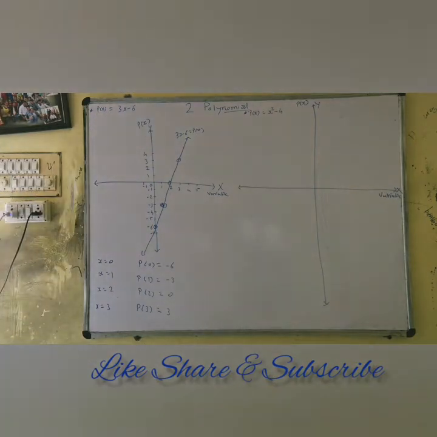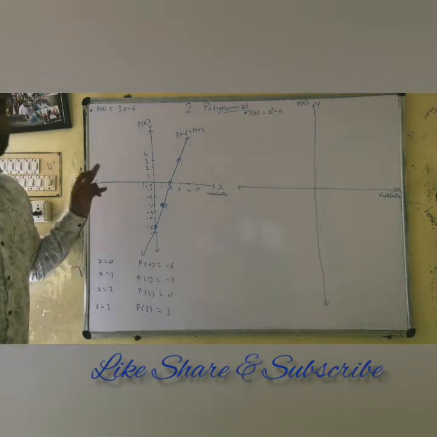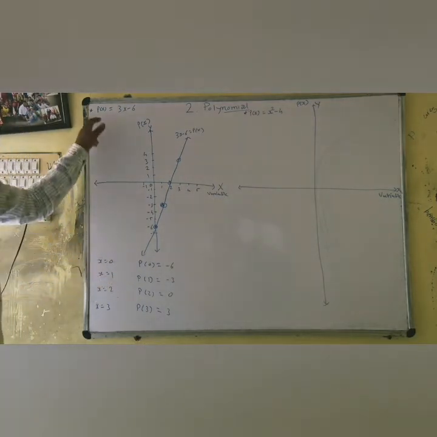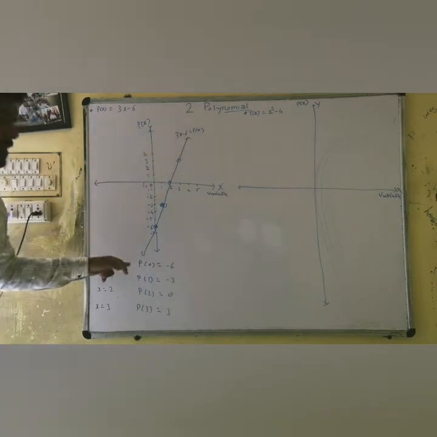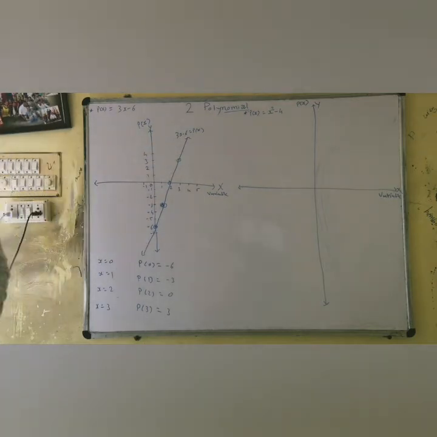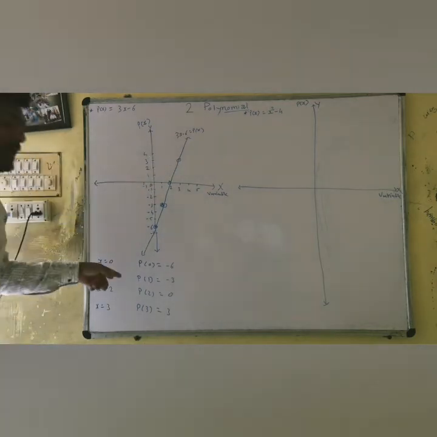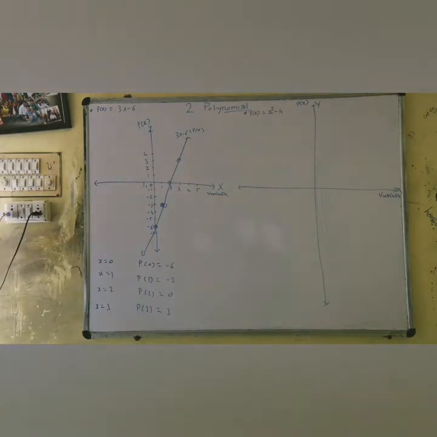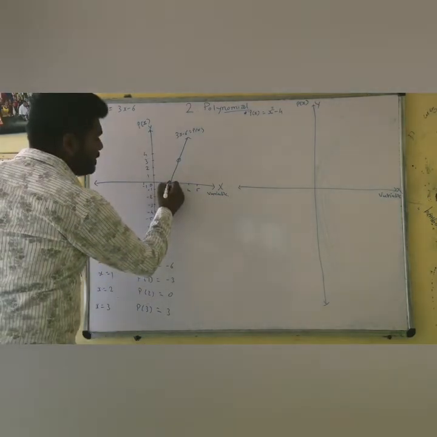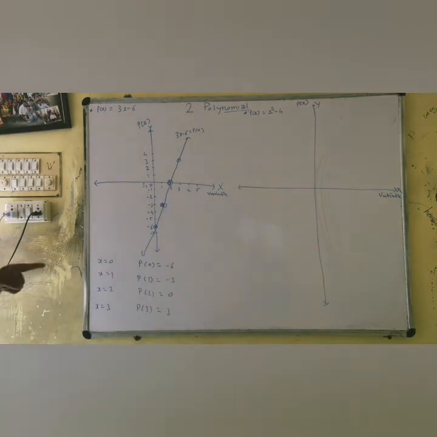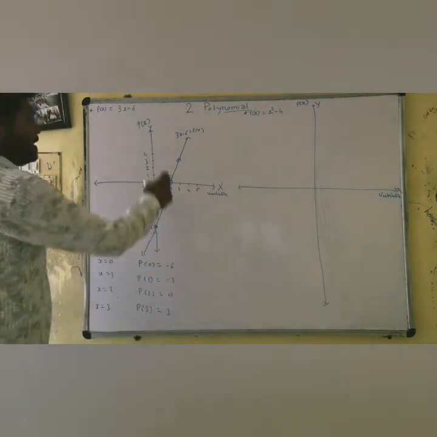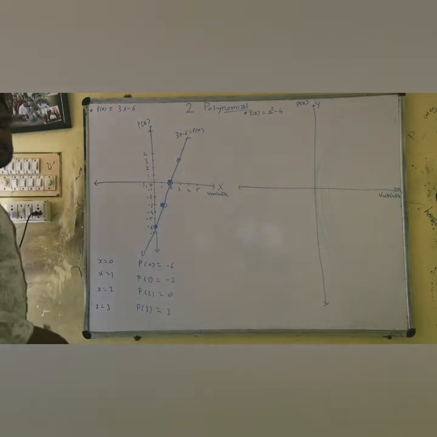Now look here. In this graph, which shows this equation, this line. Now, at how many points does this line intersect the x-axis? So only at this point. So by the graph, we can say how many zeros this line has.